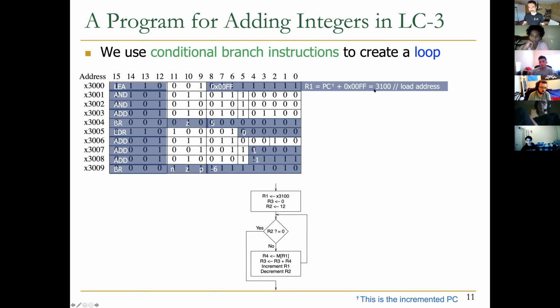And you know how it happens, right? So PC is 3001. When you put them together with 00FF, hopefully you can see that when you align them. It's easy, but let me do it quickly for you to make it super clear.